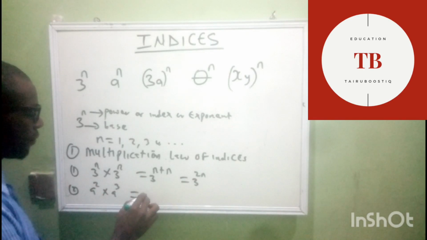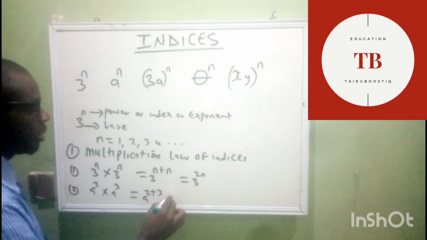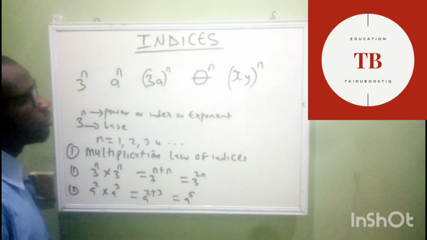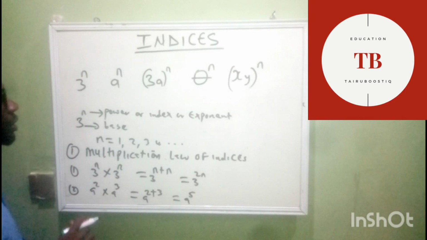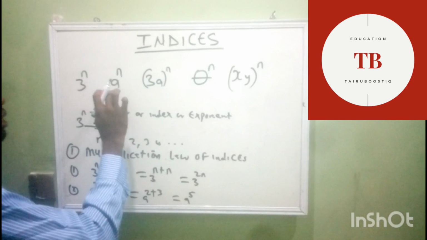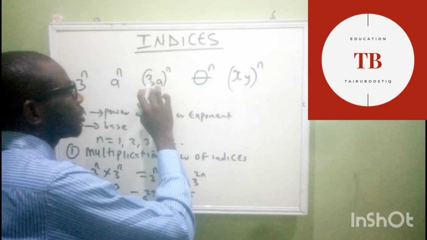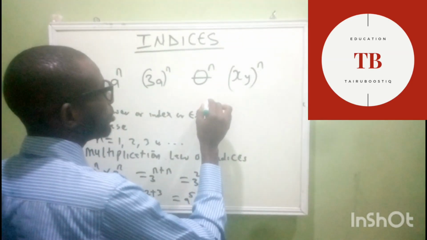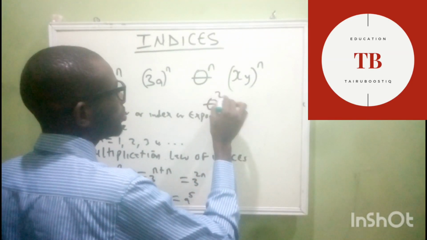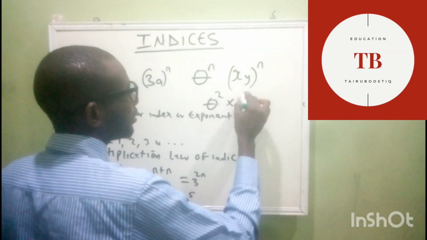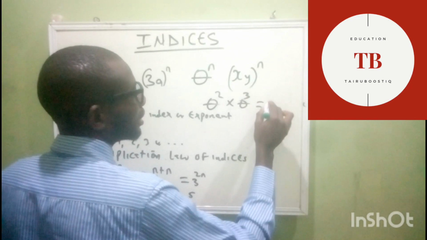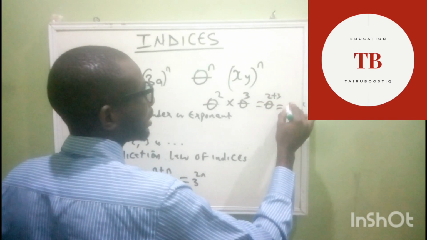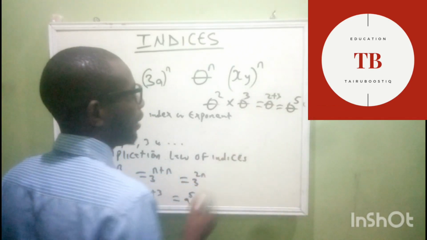We are going to have a raised to power 2 plus 3, which gives us a raised to power 5. It is not only numbers; it can be numbers, it can be letters, and it can also be a combination of numbers and letters. It can also be theta. Where we have theta raised to power 2 times theta raised to power 3, our answer will be theta raised to power 2 plus 3, and our final answer will be theta raised to power 5.